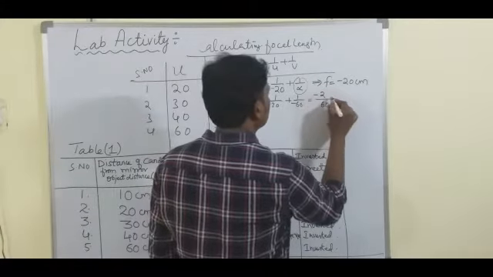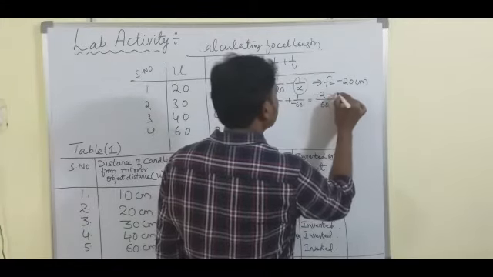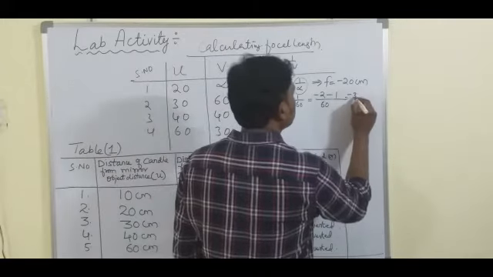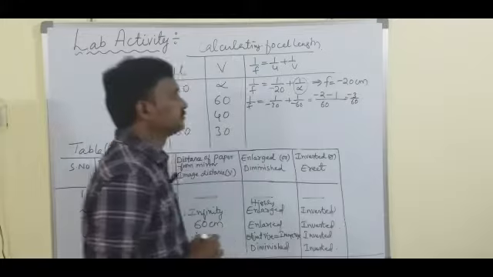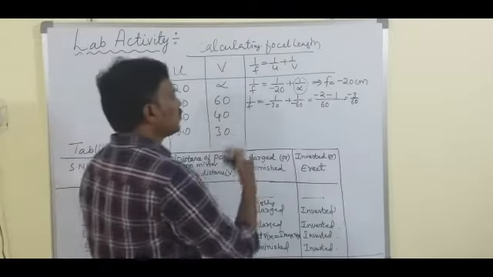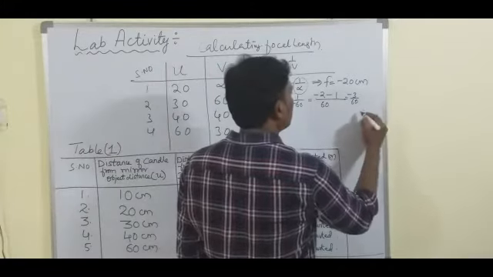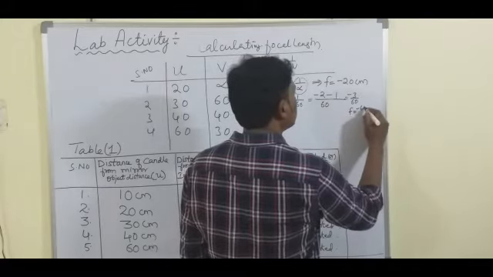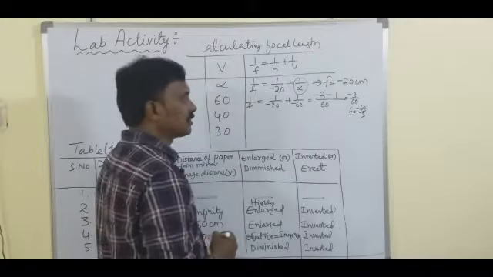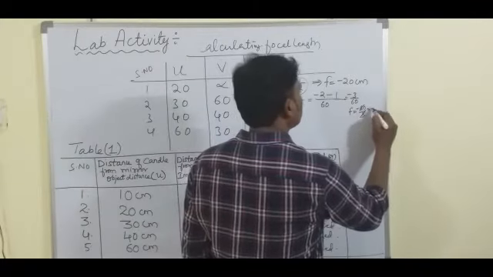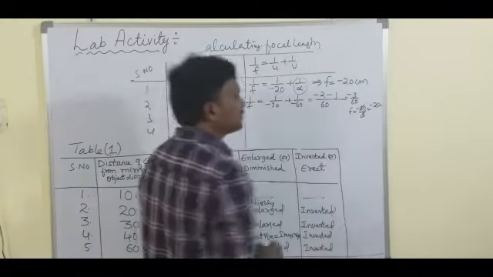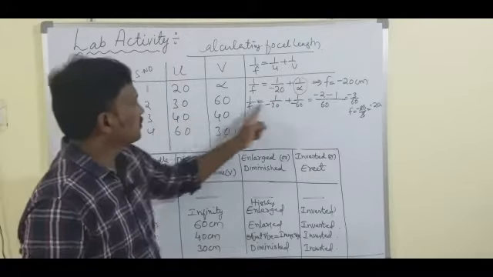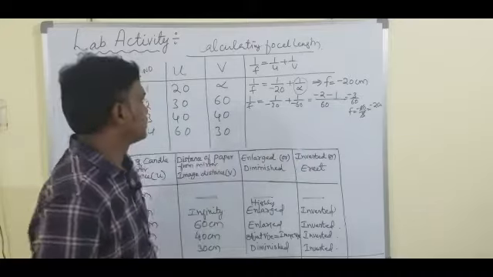Minus 2, minus 1. So you are getting here minus 3 by 60. Ultimately, what is that you are getting? f is equal to minus 60 by 3. So how much are you getting? Minus 20 centimeters. You got here minus 20 centimeters. Here also you're getting minus 20 centimeters.